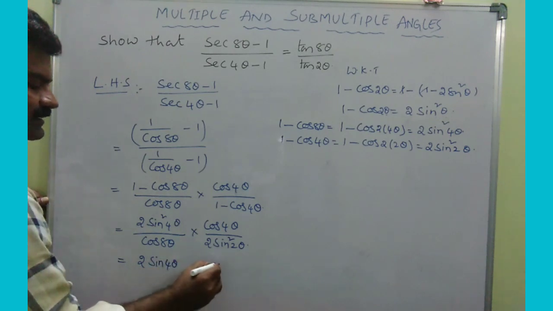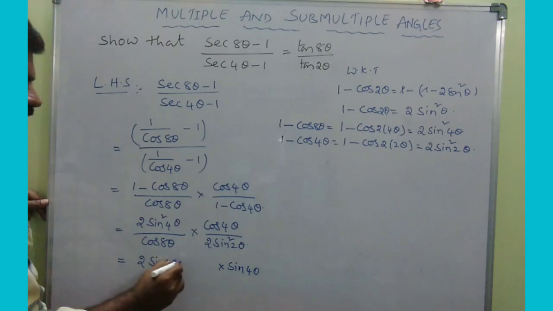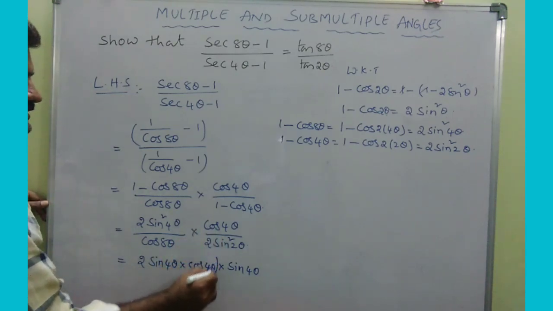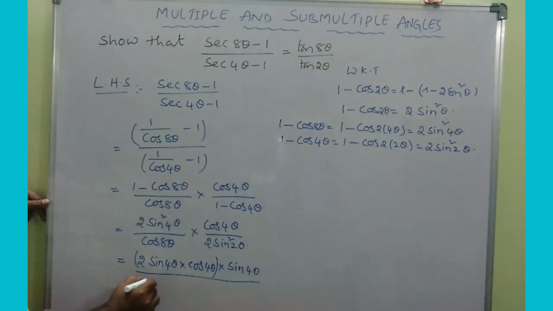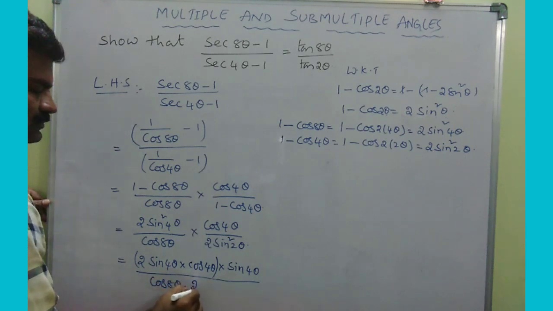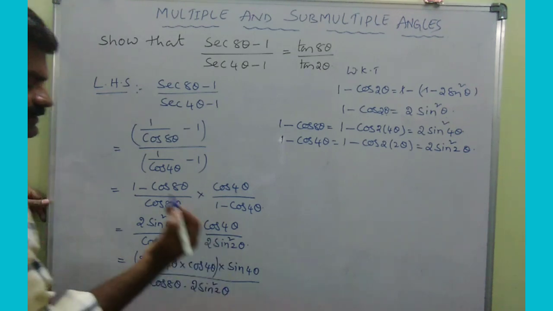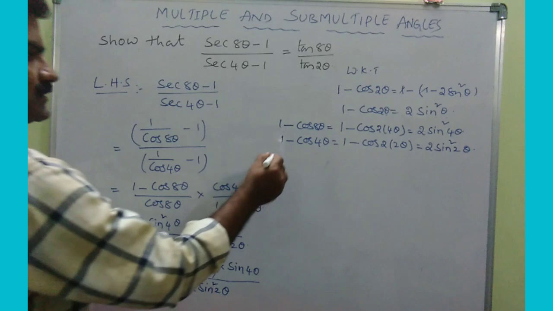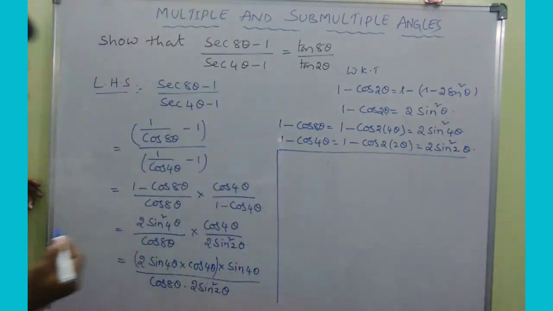Let me write sine 4 theta into sine 4 theta, and before that there is a cos 4 theta. Can I write like this and write these two as a combination? And this is cos 8 theta into 2 sine square 2 theta. This is as it is, right? So now let us see how we can further simplify this.